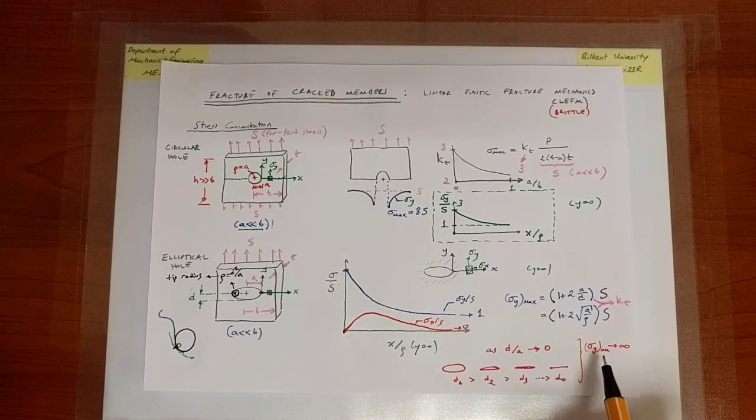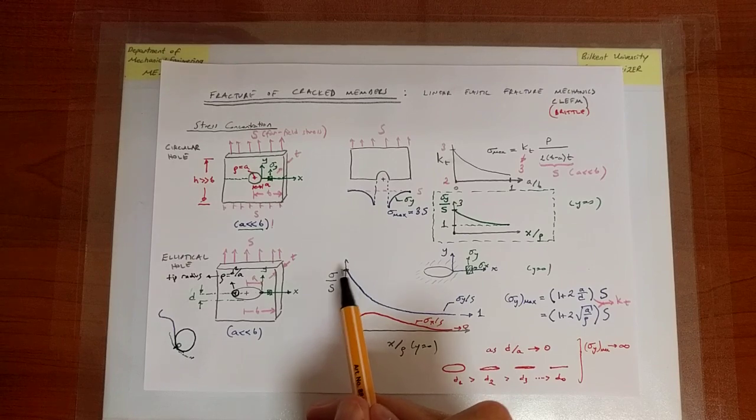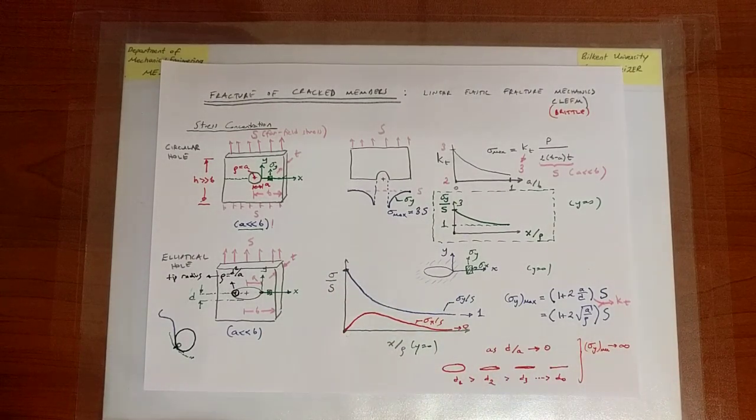Provided the tip radius of the crack is sufficiently small, ultimately there will be a point, right at the tip of the elliptical hole, where the stress is sufficiently large that it will exceed the ultimate strength of the brittle material, and locally the material certainly will fail. So that's something we need to keep in mind.